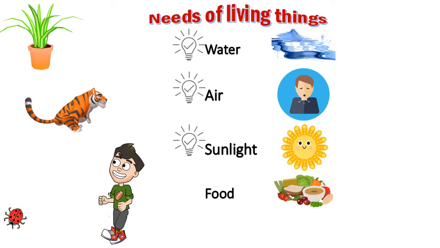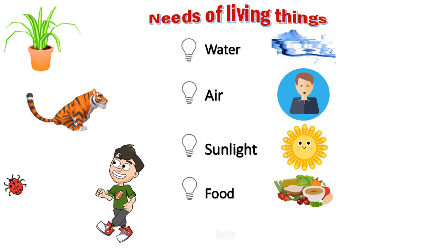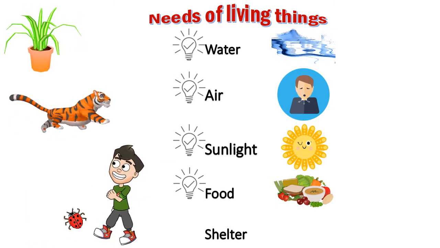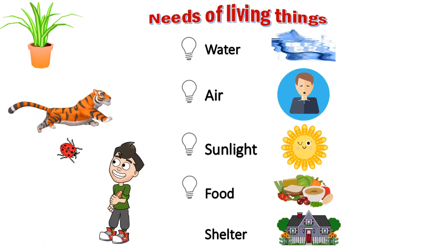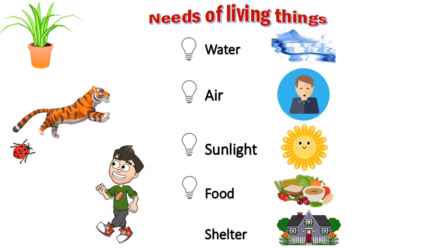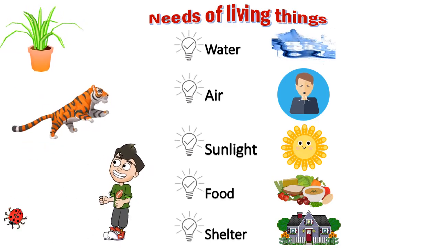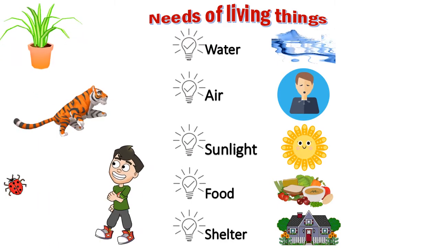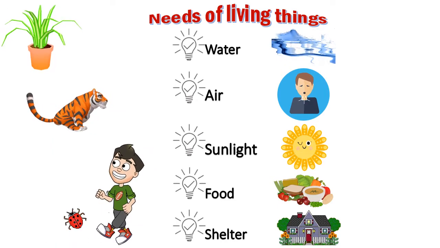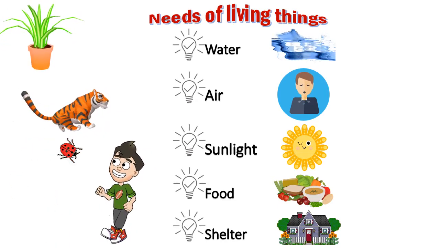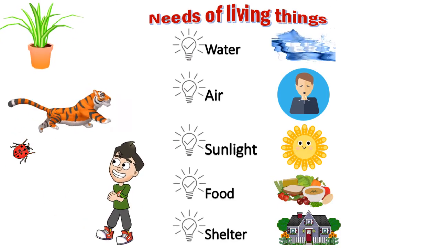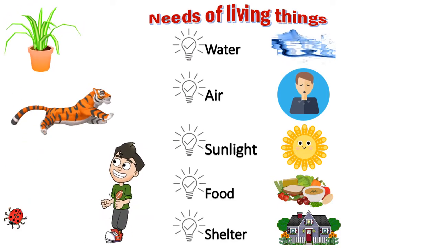And finally, living things need a shelter or a place to live in to protect them from rain, heat, cold, and so many other things. People live in houses. Animals live in forests, deserts, and so many other places. But plants, on the other hand, don't need a shelter. They only need a space on the ground to grow and survive.